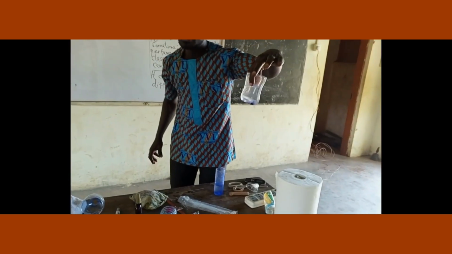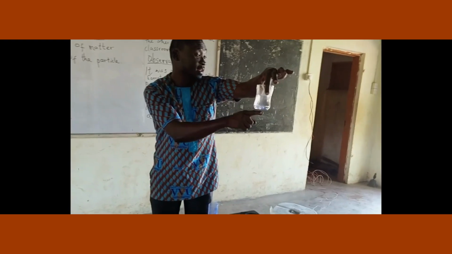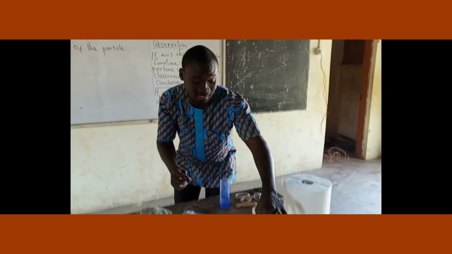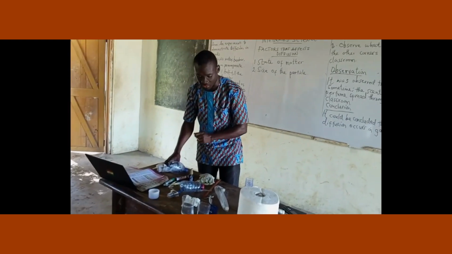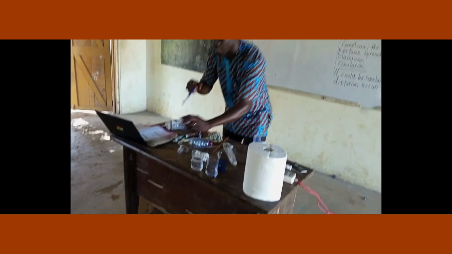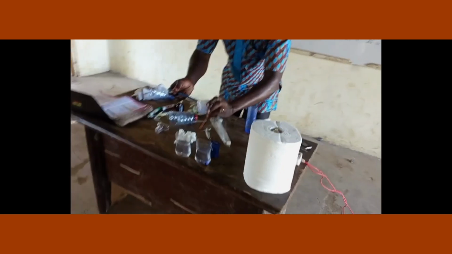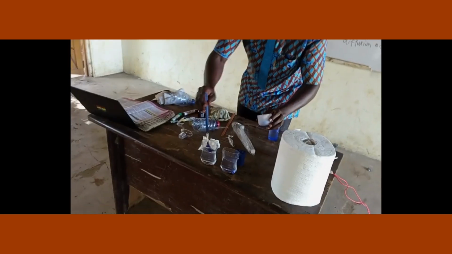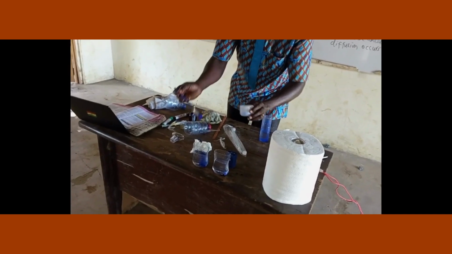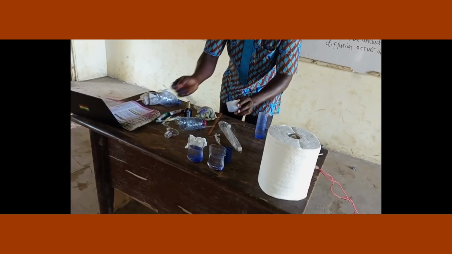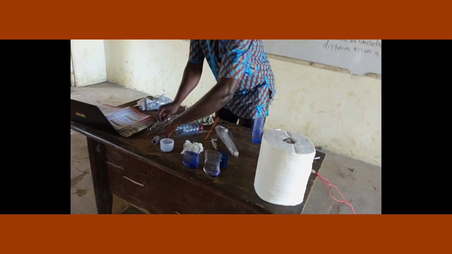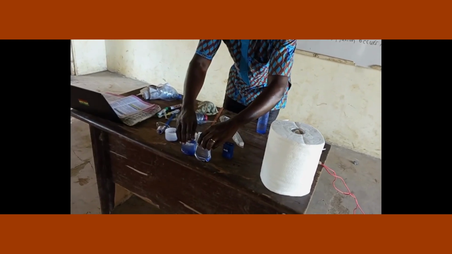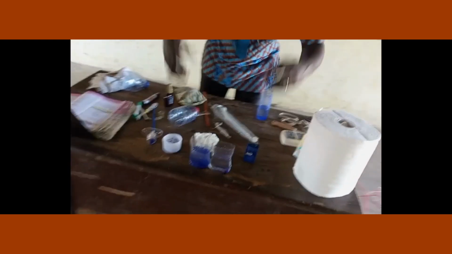Can you see? Yes. Good. So it has started diffusing, from a region of higher concentration to a region of what? Lower concentration. So let's leave the two to stand for a while.